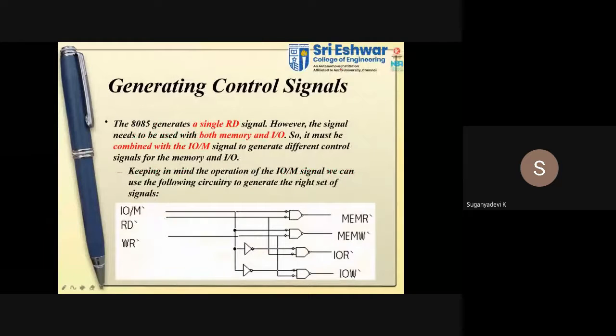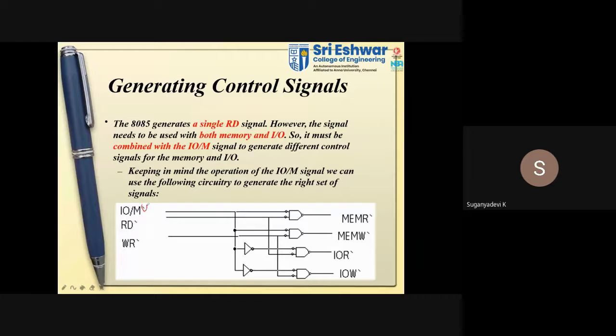Next comes generating control signals. How are we going to generate control signals with the help of some gates? You already studied digital electronics in your earlier semesters, right? So here we have control signals like read, write, input, output. That is represented with a bar.